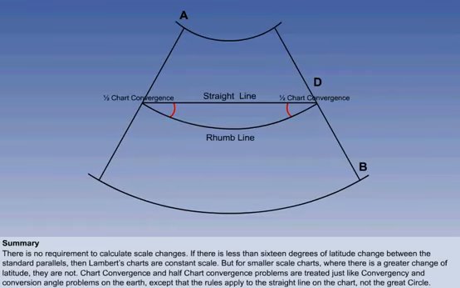We saw that there is an equivalent of conversion angle on the chart. It is called half-chart convergence, and it is the difference between a rhumb line and a chart straight line. We then worked through a couple of practical examples, and found that you treat these just like convergency and conversion angle problems on the Earth, except that the rules apply to the straight line on the chart, not the great circle.